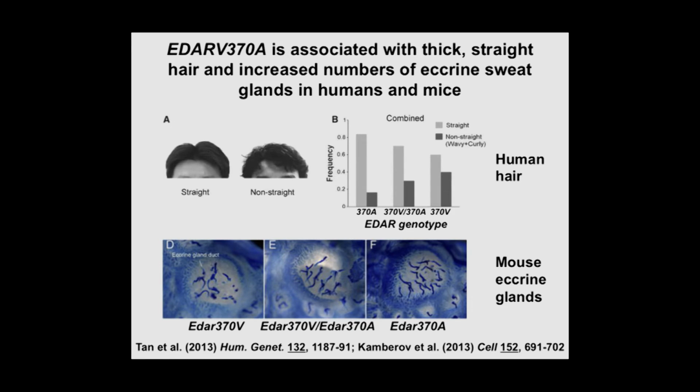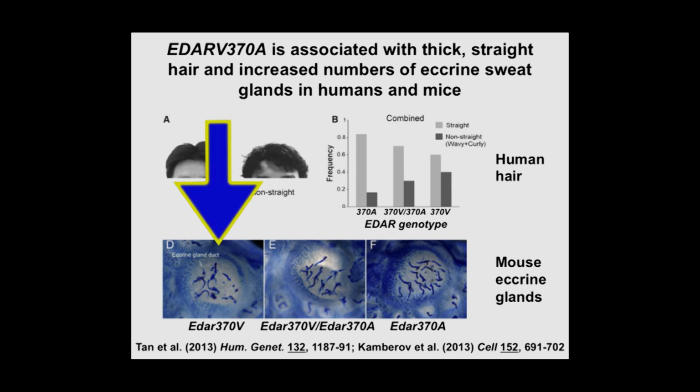We can model this in mice by genetically replacing the V variant of the gene with an A variant. And this, in mice as well as in humans, results in the formation of thicker hair and also in an increased number of sweat glands.